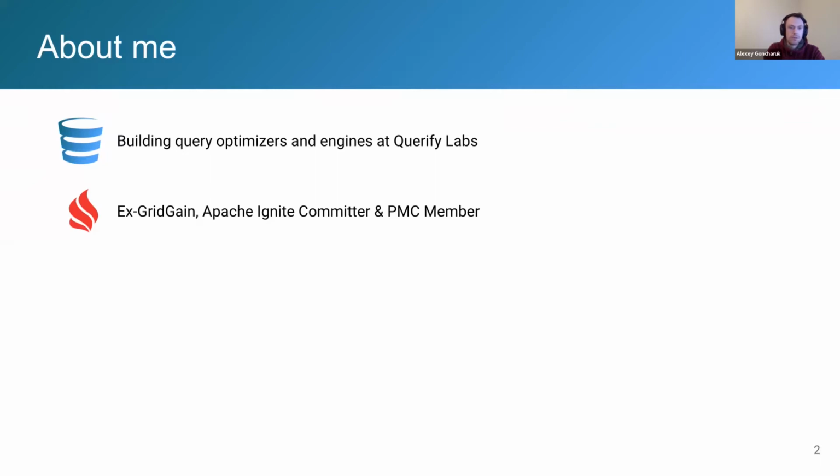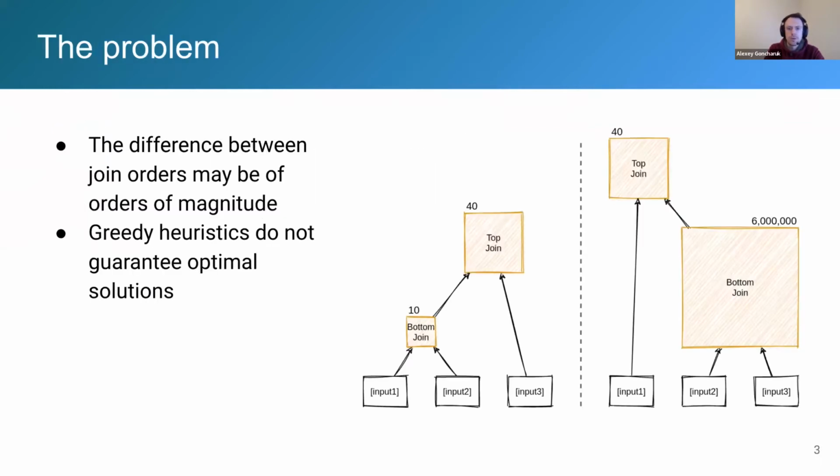So now, let's go to the problem itself. I think it's quite well known that join ordering is one of the most important optimizations during query optimization, and the reason for that is the fact that if you switch the join order, you can get plans that differ in execution time and execution cost by orders of magnitude.